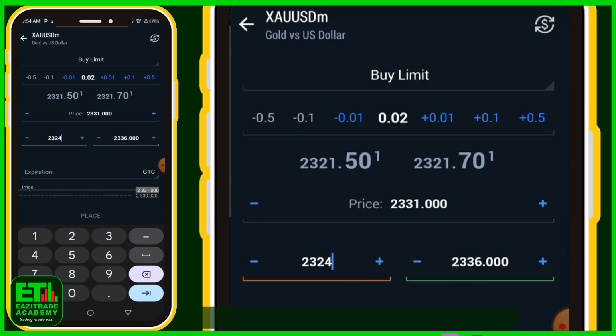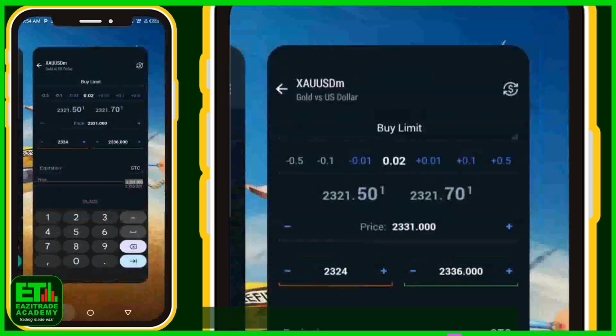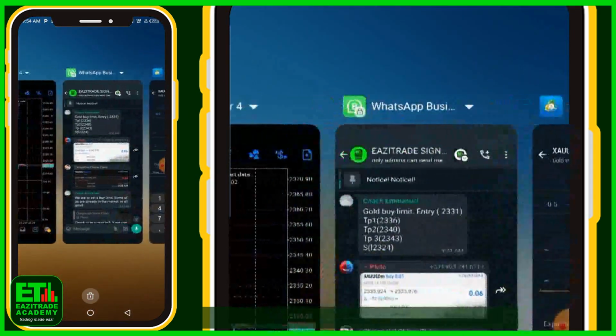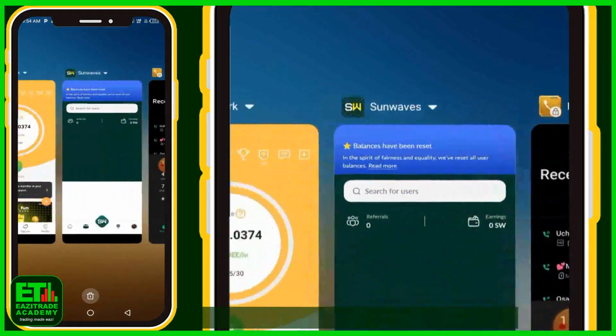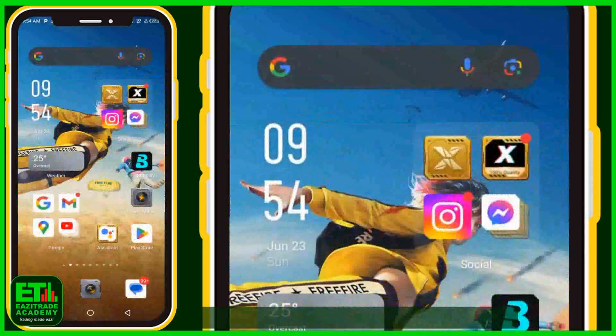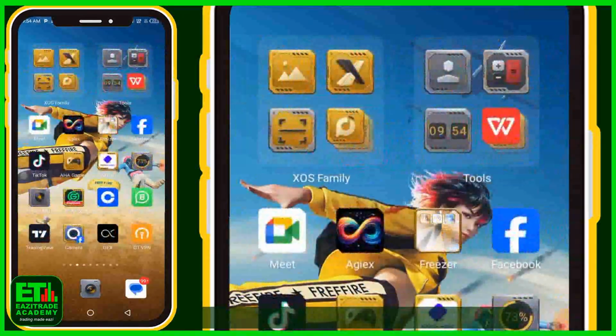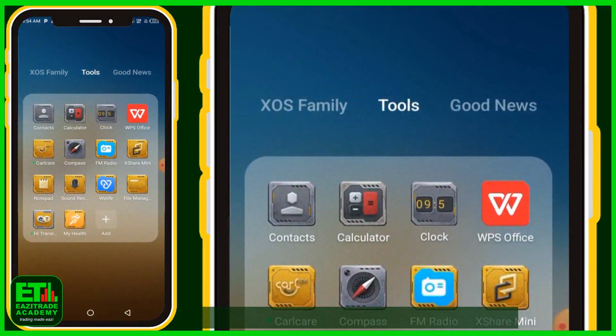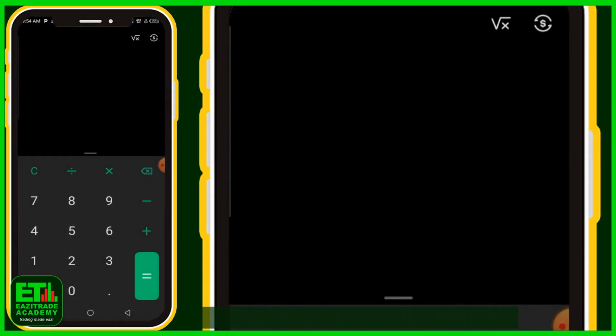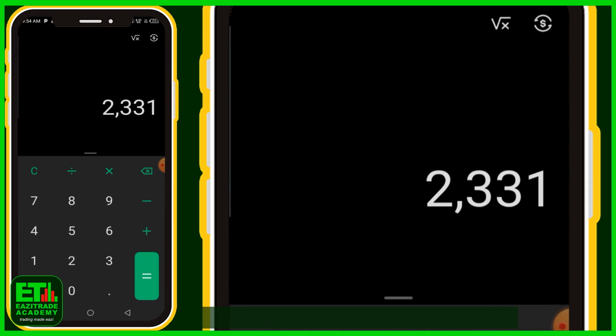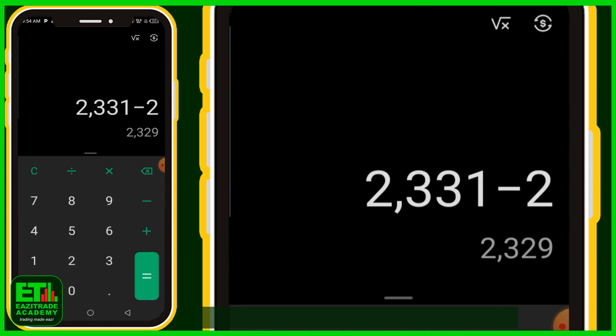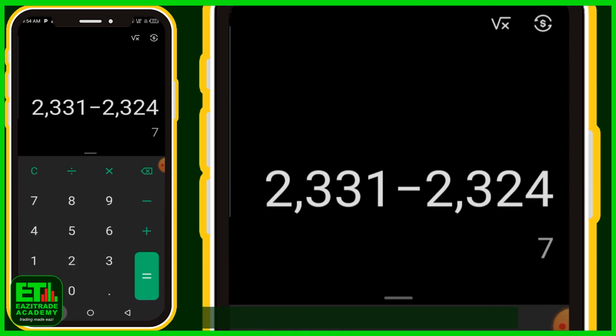Okay, let's do the math. So you know how to calculate. Gold is much easier to calculate when you're using your calculator. 2331, which is the entry price, minus 2324.